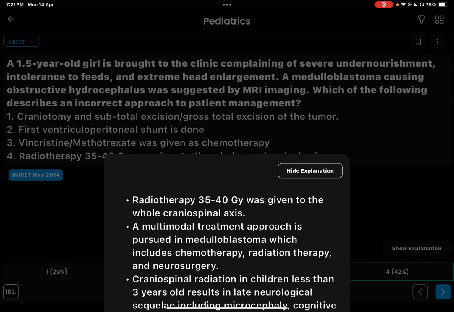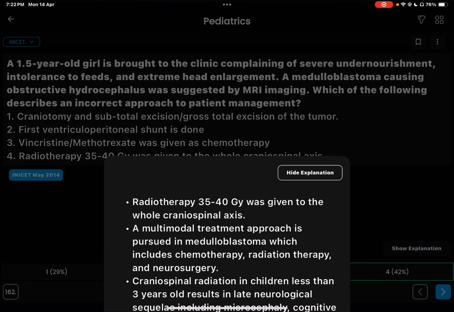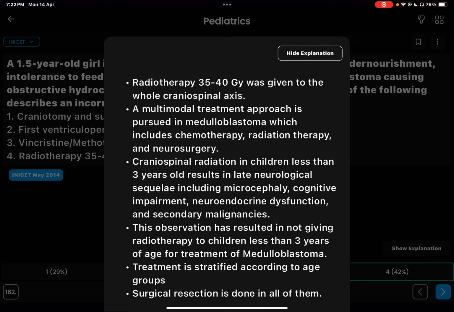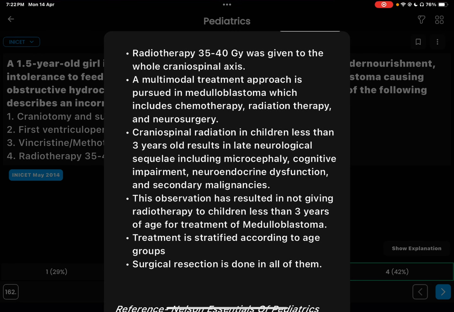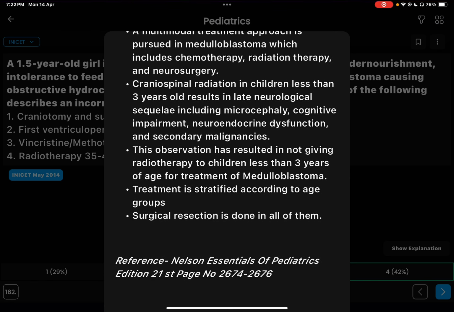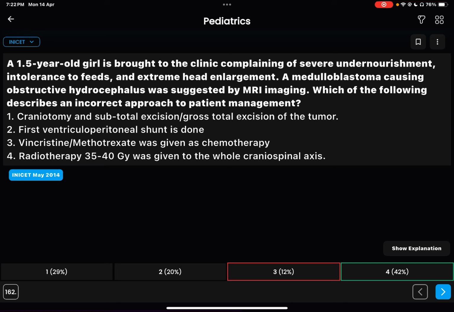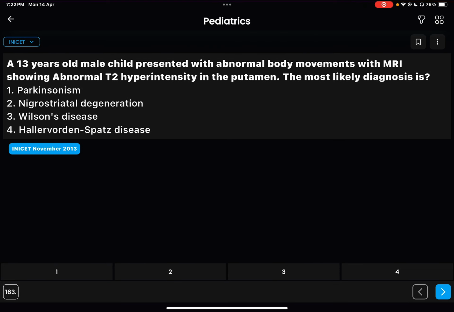That is the incorrect approach. Radiotherapy is not given to children less than 3 years of age in the treatment of medulloblastoma. So, radiotherapy is not given to children less than 3 years of age in medulloblastoma, and here you can see the girl is only 1.5 years old.